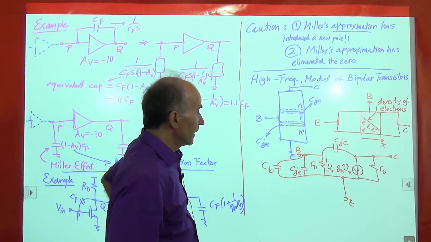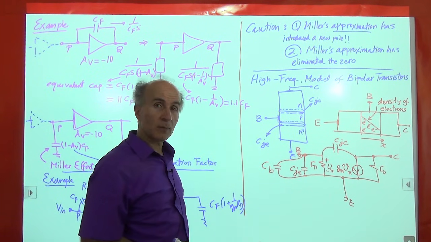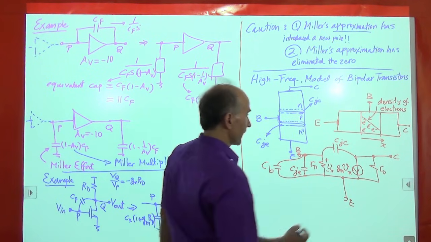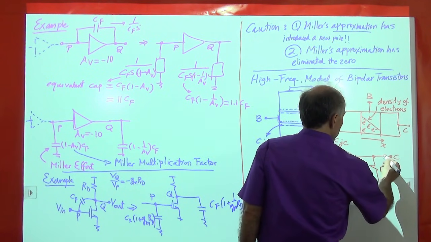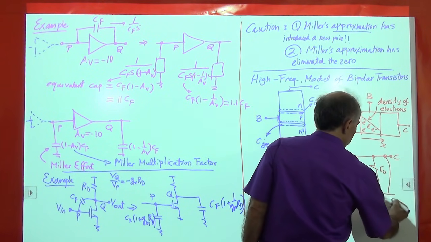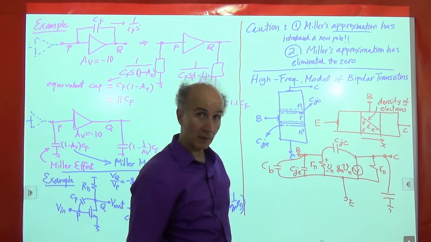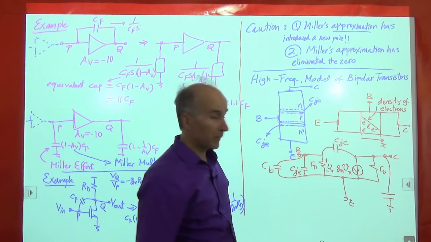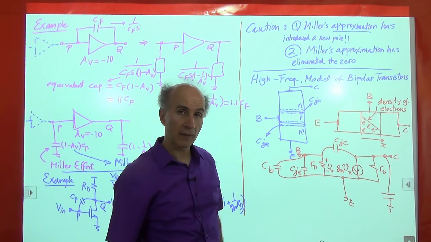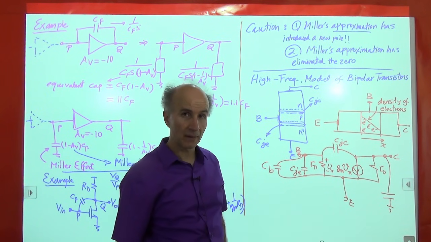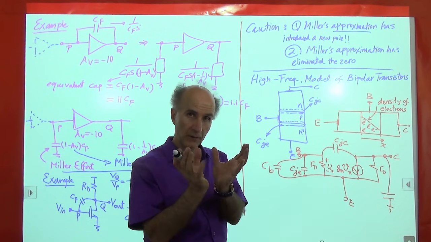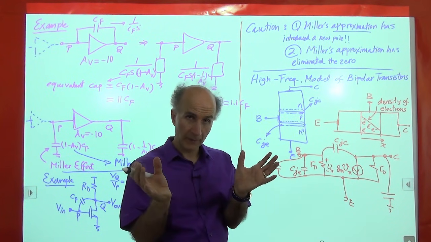There is one more little capacitance that we also need, and that capacitance is connected between the collector and ground. Not between the collector and the emitter, but between the collector and ground. That appears only in bipolar transistors that are integrated on a wafer, in an integrated circuit.